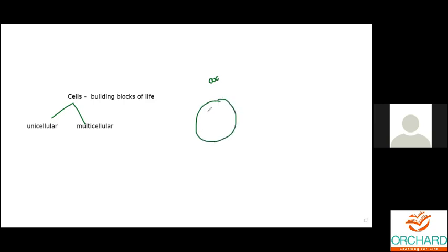Digestion, excretion, absorption, assimilation, movement, locomotion, everything is done in a single cell, and that comes under the unicellular organism.